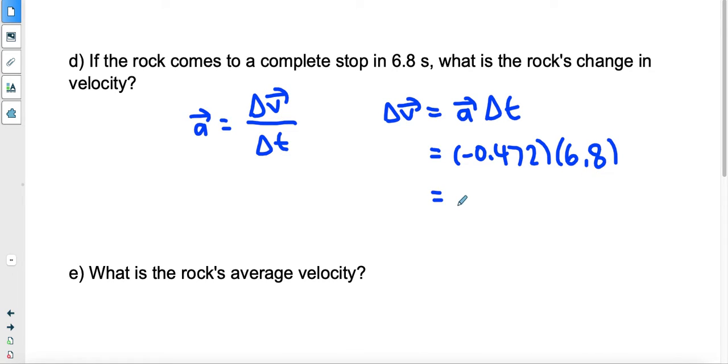If you plug that in and multiply, we get negative 3.21 meters per second. This tells us that the velocity is changing by 3.21 meters per second. In other words, because of the negative sign, the velocity is slowing down by 3.21 meters per second.